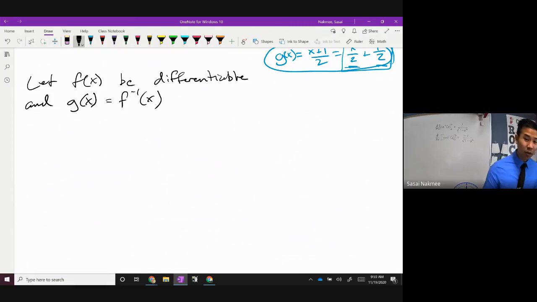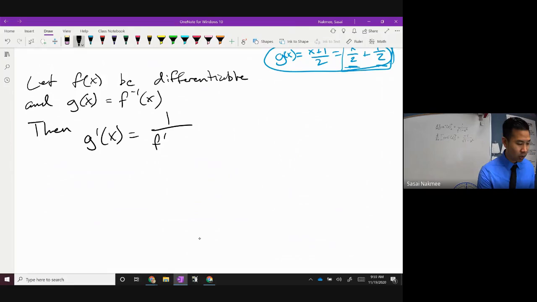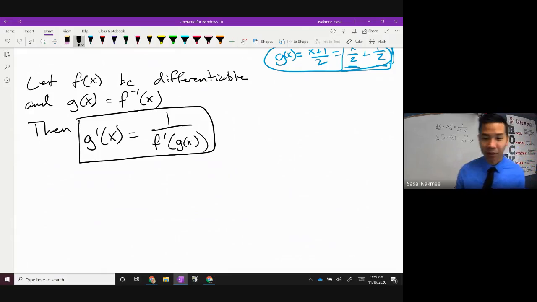If you're looking for the derivative of its inverse, then the derivative of the inverse function is simply equal to 1 divided by the derivative of the f function evaluated at g of x. And this is basically a shortcut is what I'm trying to show you guys.